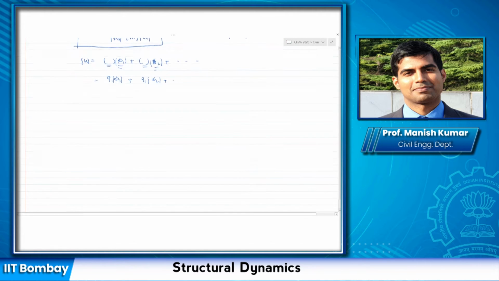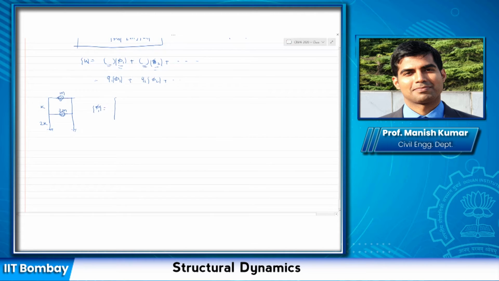We have considered this system in the last class where I said this is 2k, this is k, and this is 2m and this is m. You found out what the mode shapes were. There were two mode shapes.